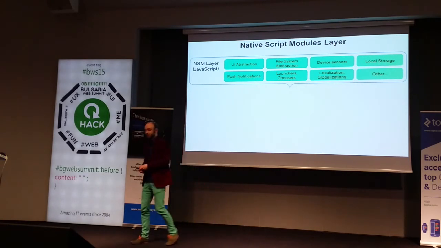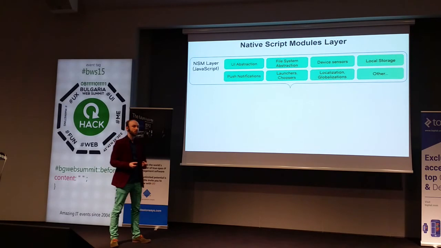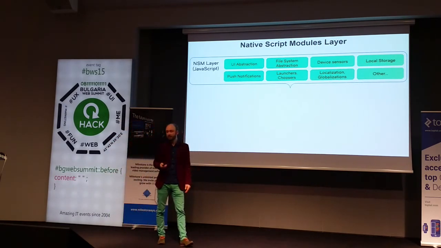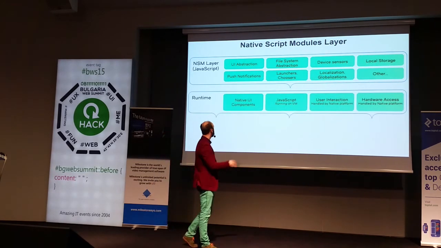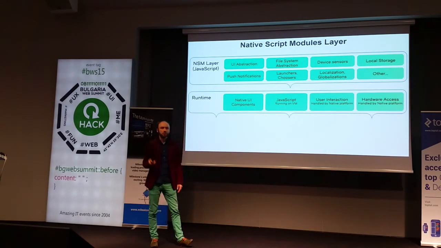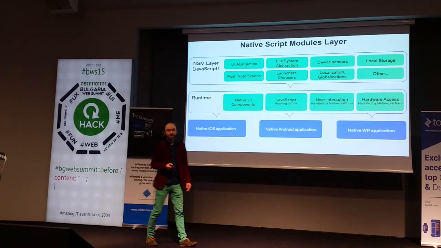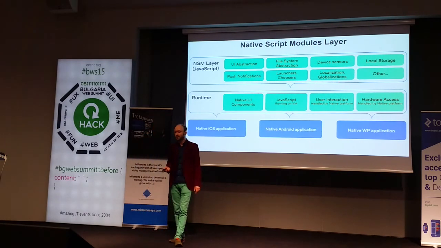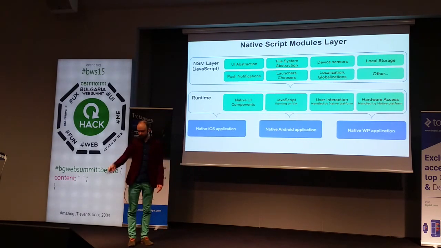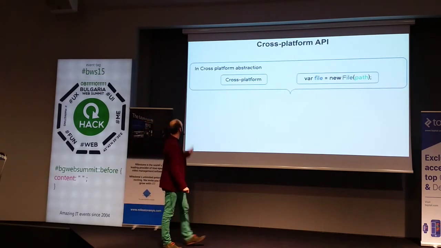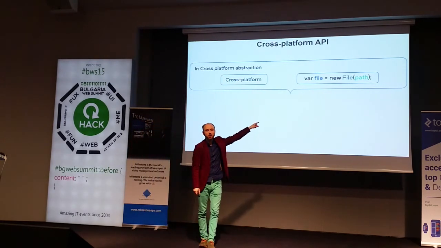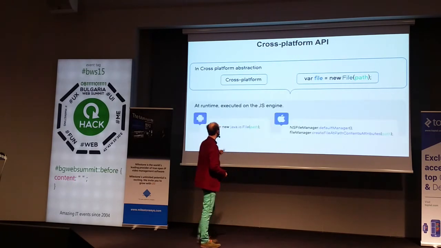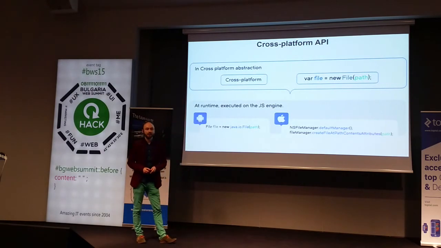So whenever you want to access files or any of the specific modules or components on the phone, there are modules that help you do that. At runtime, this gets translated into platform-specific code and then executed natively on each of the platforms. So coming back to our file example, this is slightly different code, so that's how you would do it using the NSM layer. And then when you call it, this will result in calls like that.